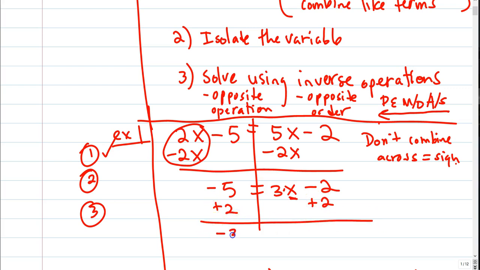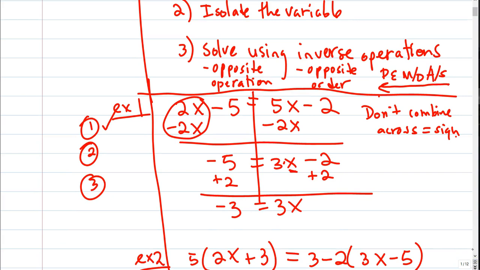That gives us negative 3 is equal to 3x. Do not subtract here. That needs to stop. If you're going to do that, then there's a class that covers that. That's the previous one. So make sure you know this is 3 times x. So to undo the multiplication, we will use division. So that x is equal to negative 1, or negative 1 is equal to x.